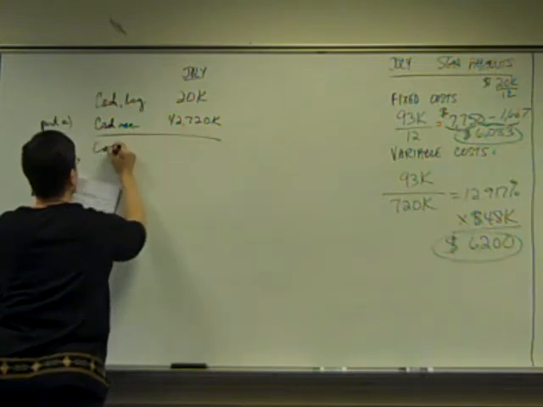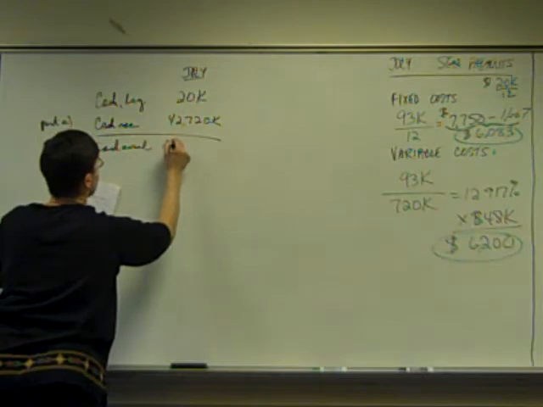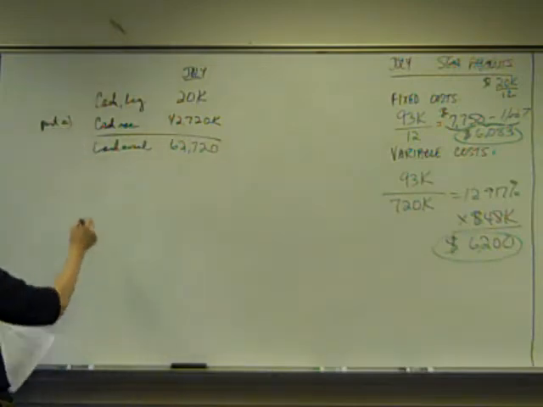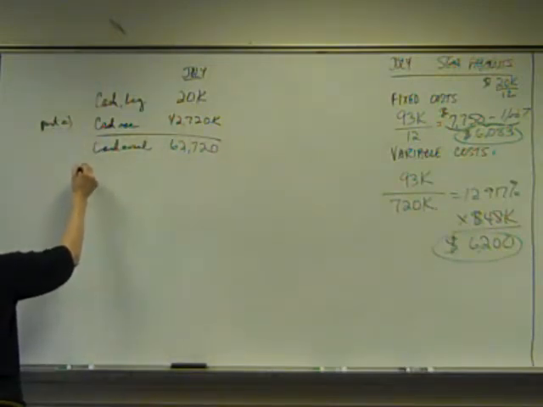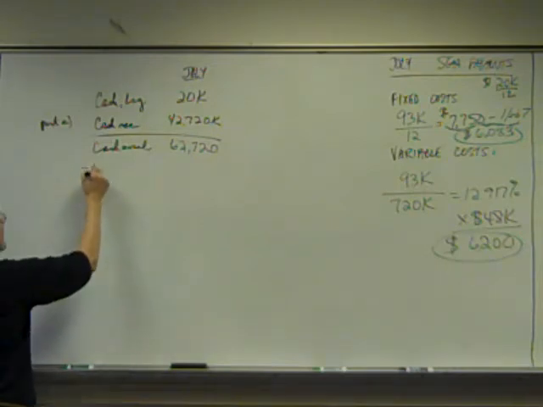So we have cash available from what we started with plus what we collected from our customers, $62,720. Then, in most companies, they are going to list out payments to suppliers.